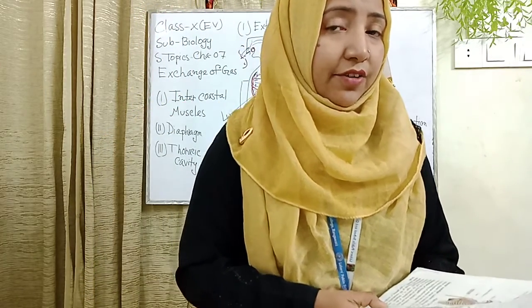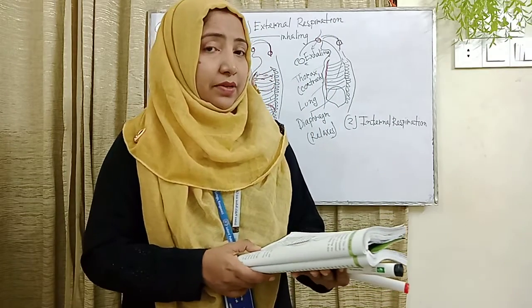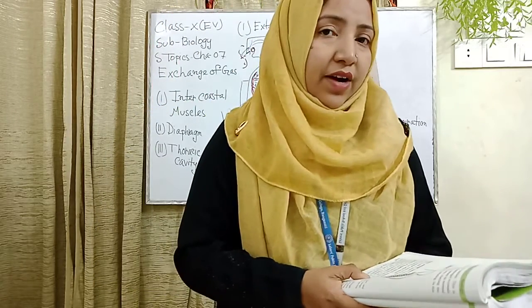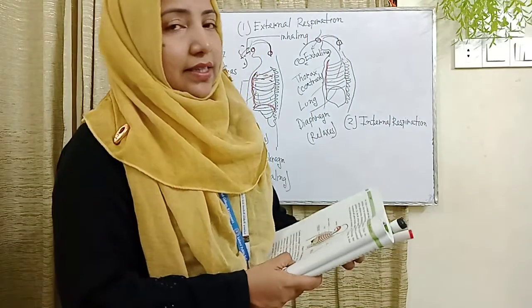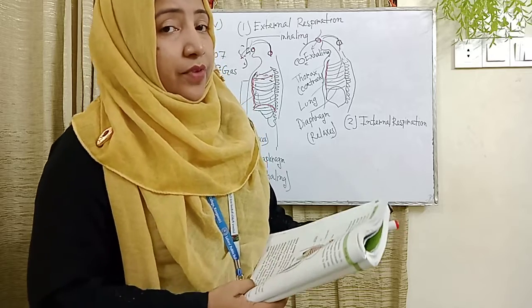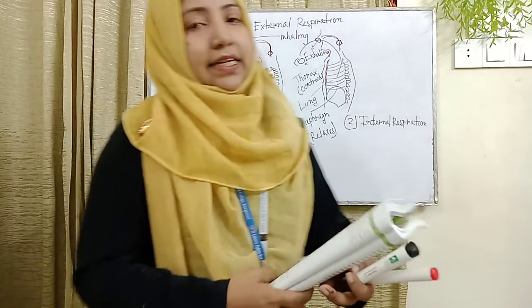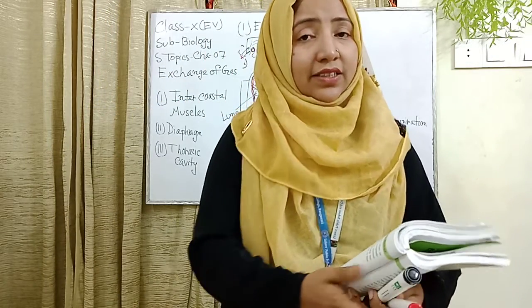This structure is the internal respiration. Here in the internal respiration, there are basically two forms: first is the absorption of oxygen, and second is the carbon dioxide transport. Please everyone see the books. First is gaseous exchange.